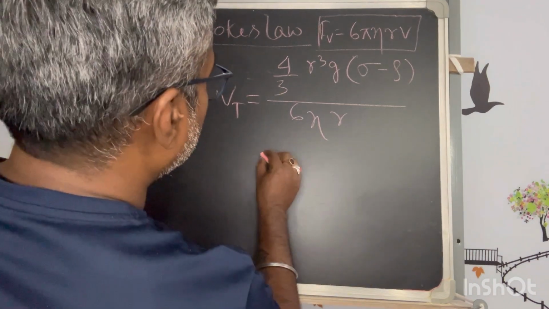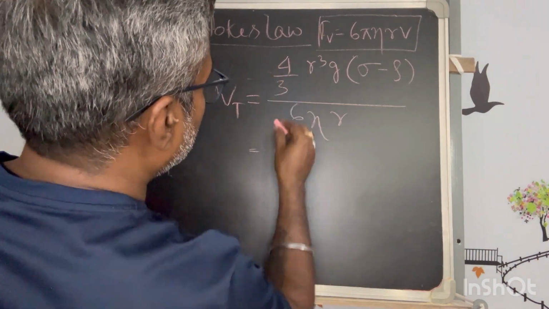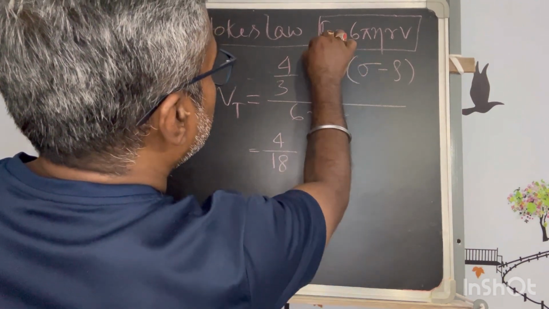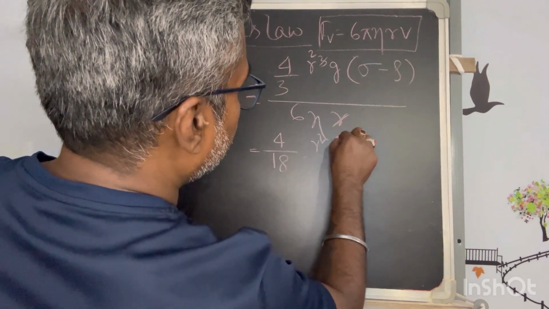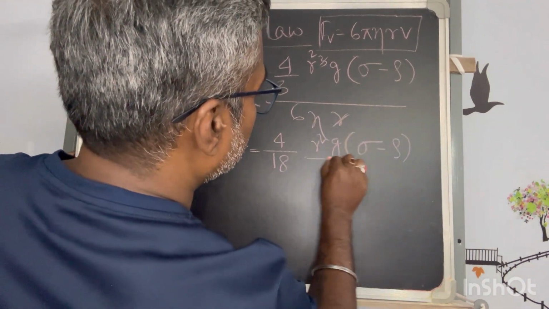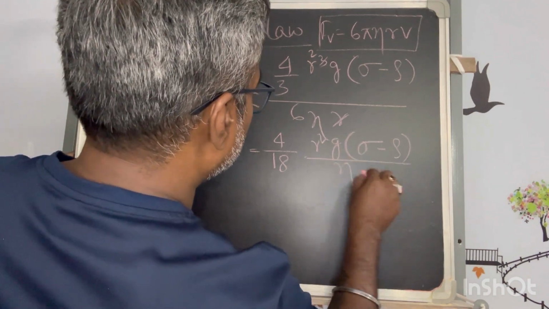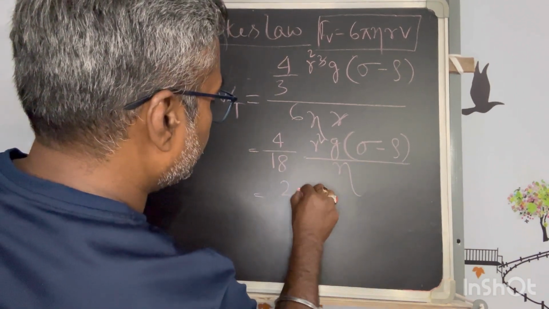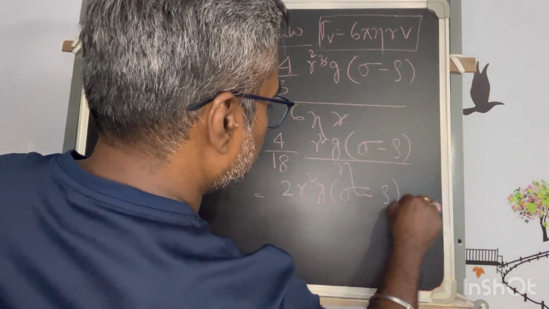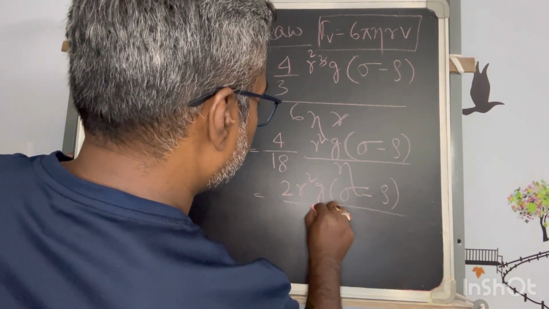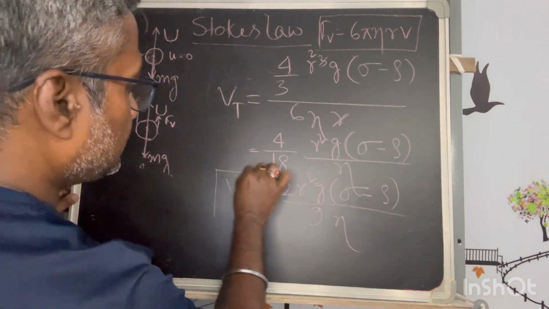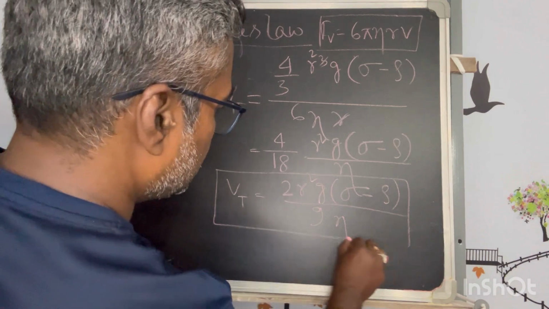Now cancelling all this, I will get 4 by 18, one r will cancel, it will give you 2, r square g sigma minus rho divided by eta. If we further reduce, it is r square g sigma minus rho divided by 9 eta.